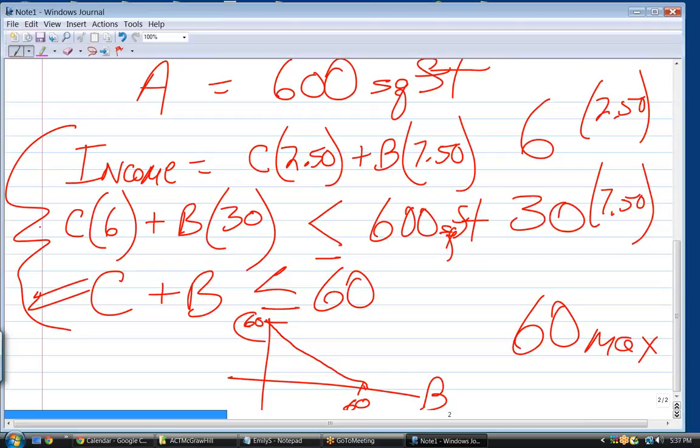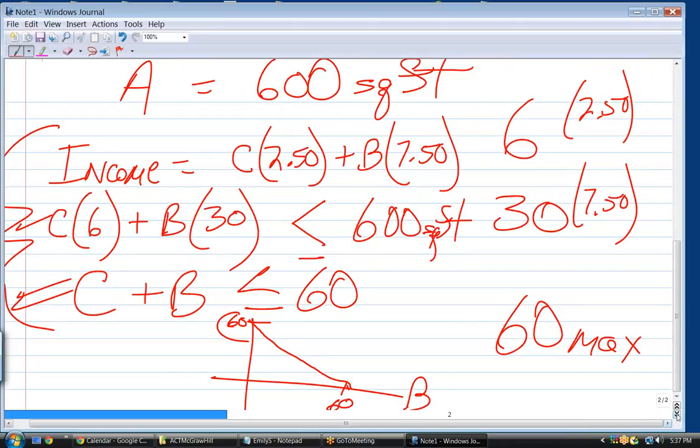Now, the second inequality is that each car takes 6 square feet, each bus takes 30 square feet. I only have 600 square feet. So let's graph this. 6 times C plus 30 times B is less than or equal to 600. Well, that graphs as, let's see, when B is 0, I could put 100 cars.